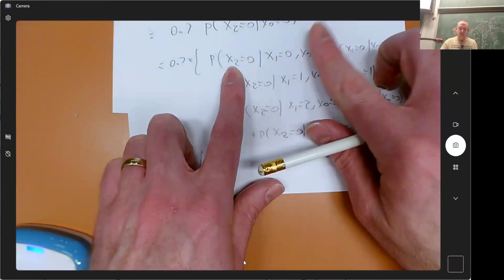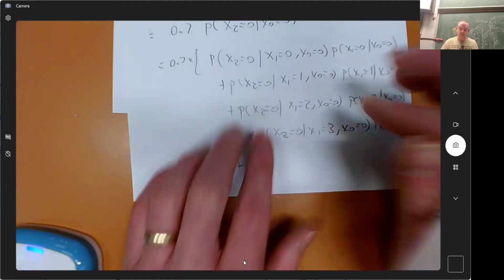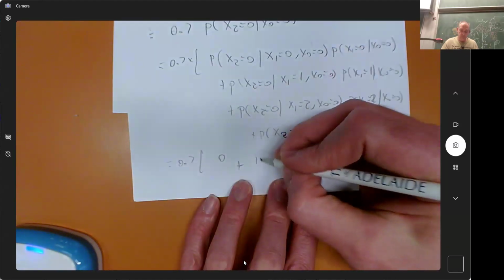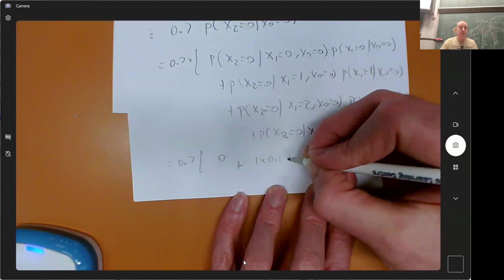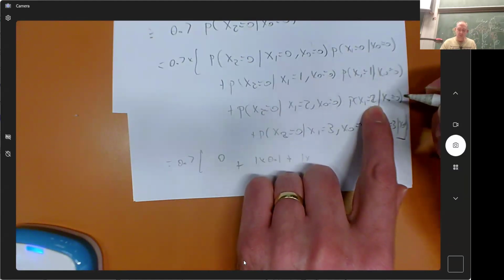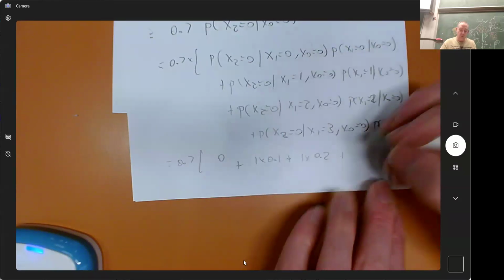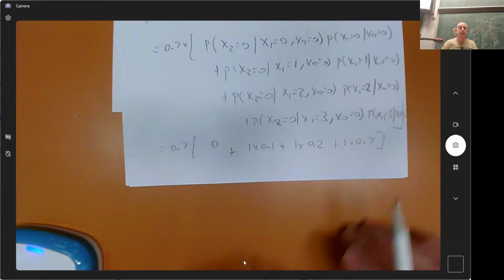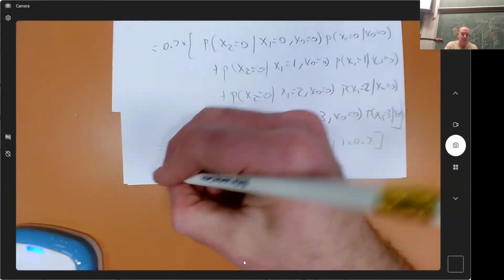So this is going from 0 to 0, which is 0. And this one's going from 1 to 0, which is 1. And this one's going from 0 to 1, which is 0.1. And this one's going from 2 to 0, which is 1. And this one's going from 0 to 2, which is 0.2. And this one's going from 3 to 0, which is 1. And this is going from 0 to 3, which is 0.7. And these three things add up to 1, and so we just get 0.7.